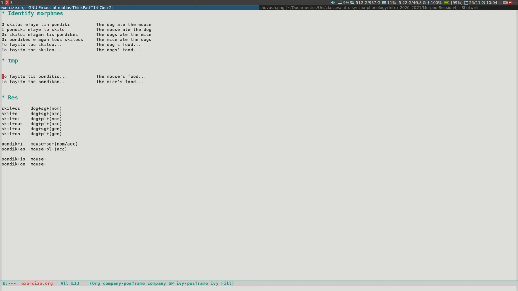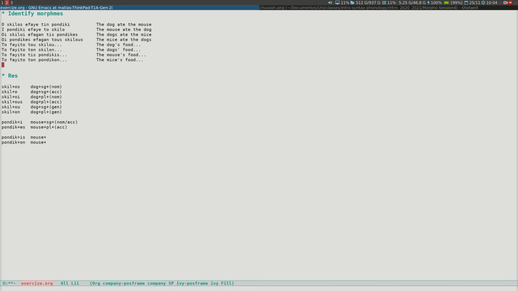Now we can do the final two sentences at the same time, I guess, because it should be quite straightforward now. We have parallel structures to the dog food. Now we have for singular genitive here, pondikis, and for plural genitive here, pondikon.